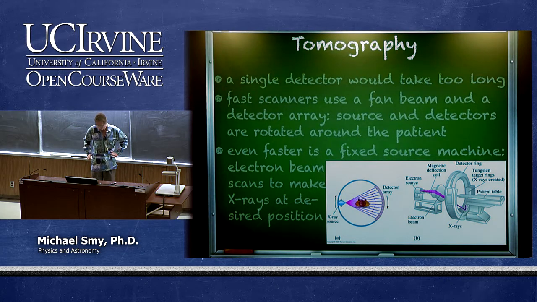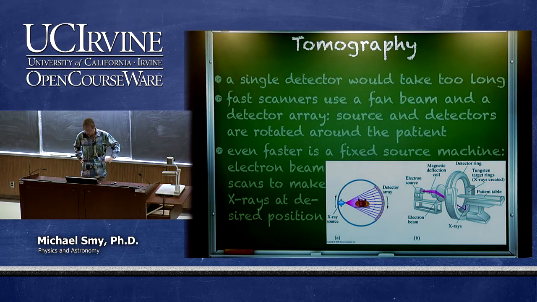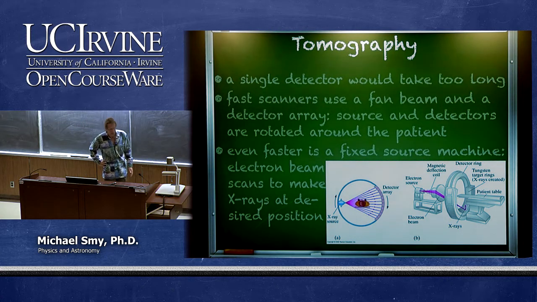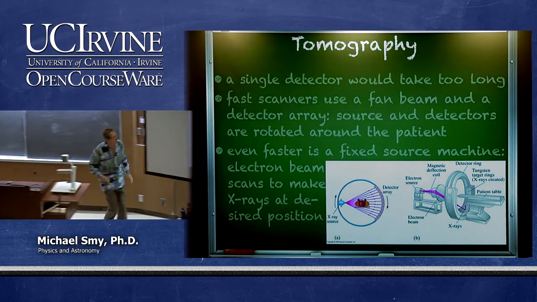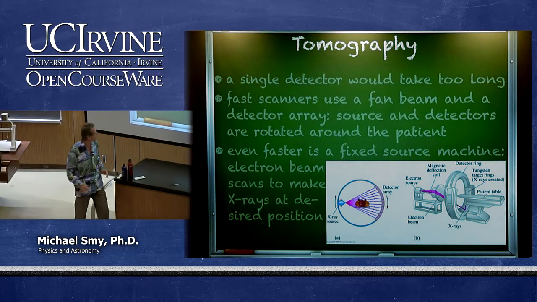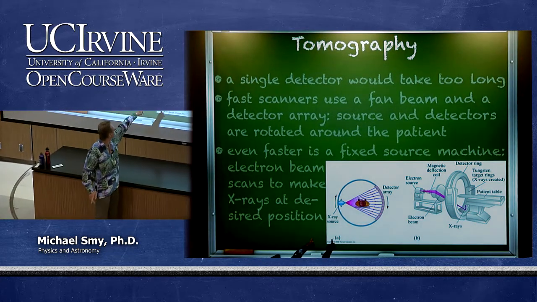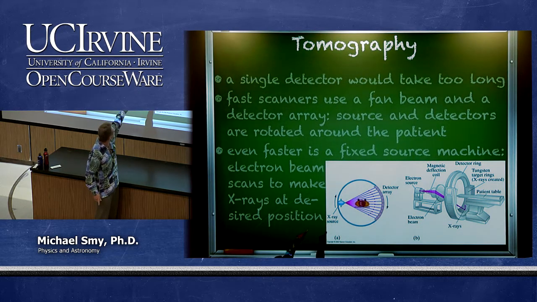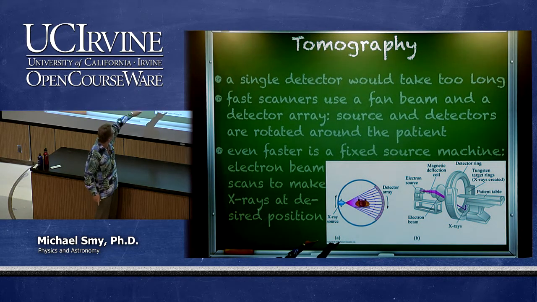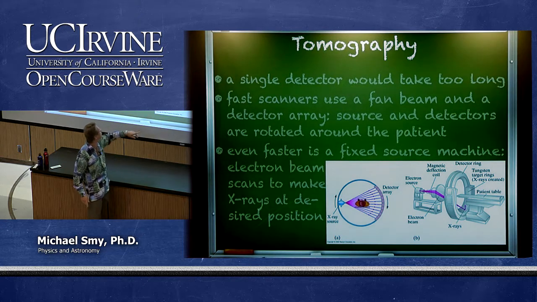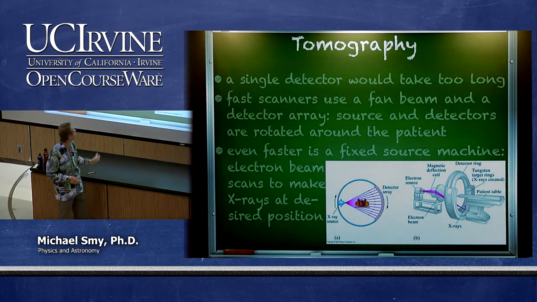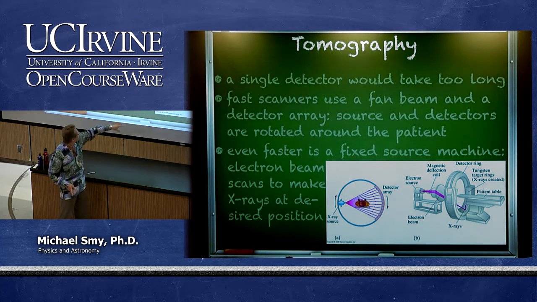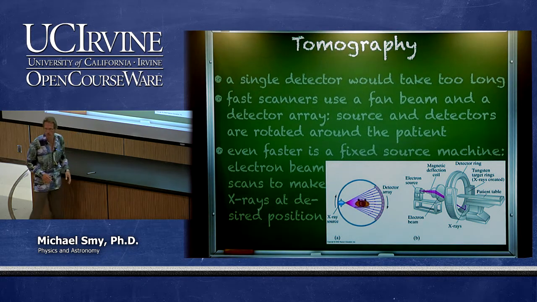One typically with a fast scanner uses a so-called fan beam, meaning that you generate the X-rays on one side of the patient. So the patient is lying down here. And so you generate a beam that fans out in many directions, and you have an entire array of detectors that take the picture. And then you rotate the whole assembly around the patient to get the different angles.